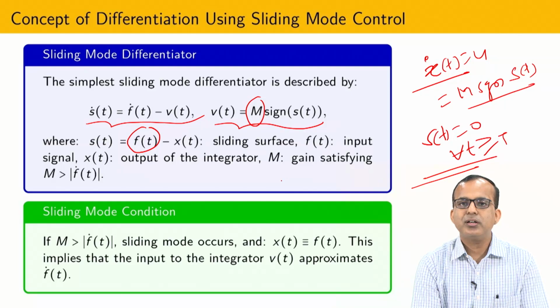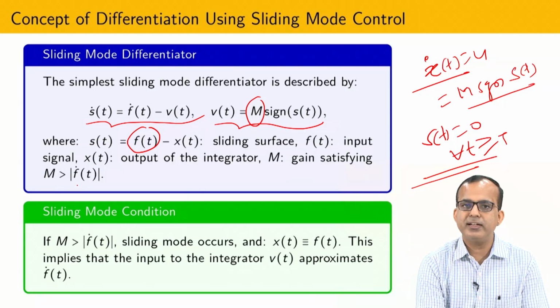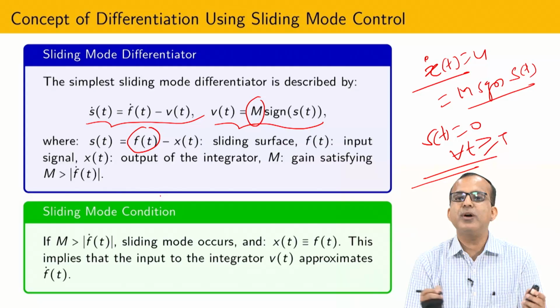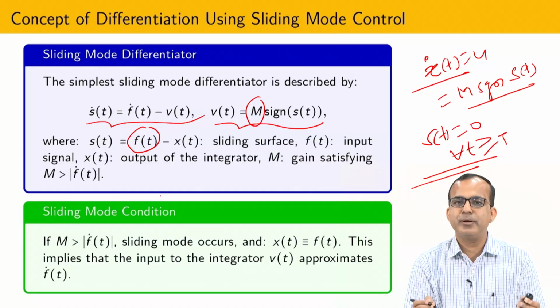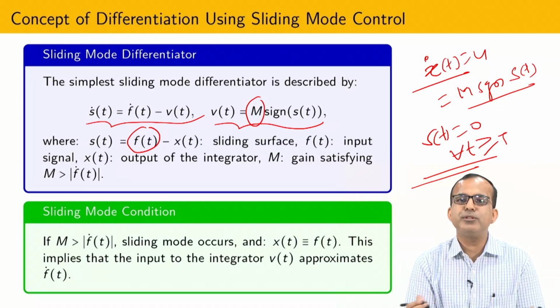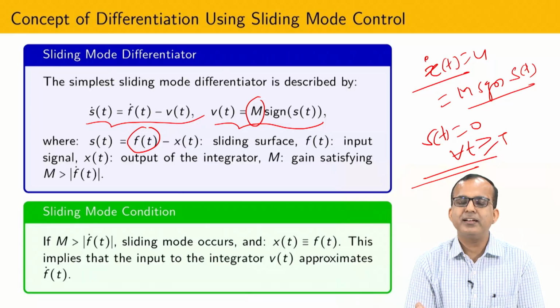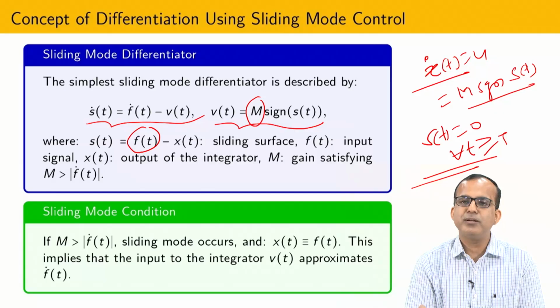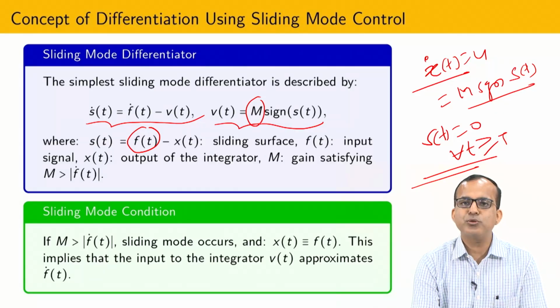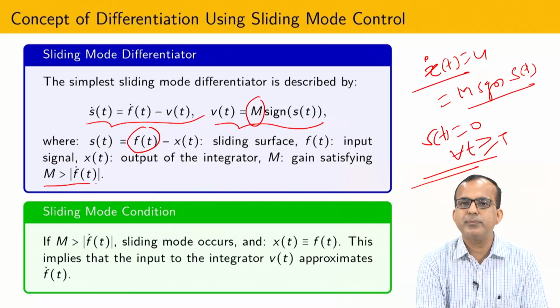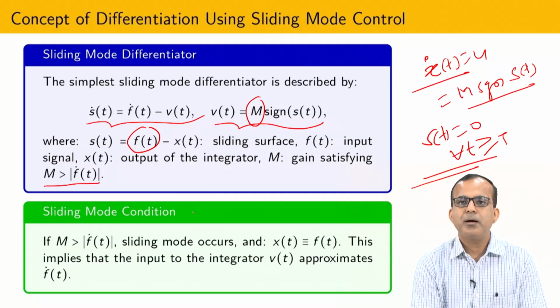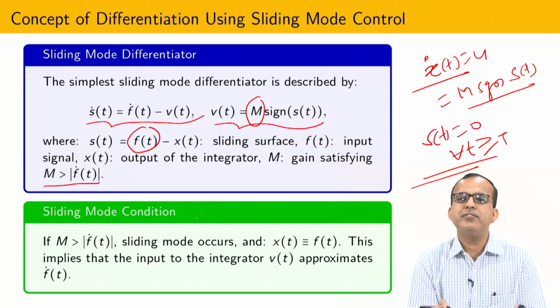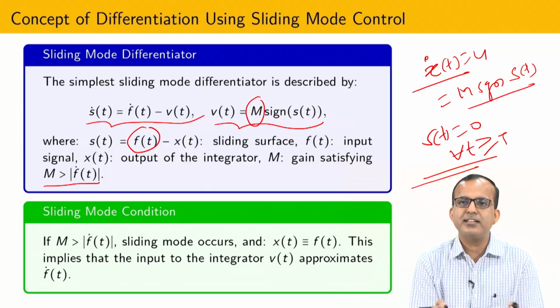Now the only condition is that the derivative of whatever signal you differentiate should be bounded. If the derivative is not bounded, you cannot apply sliding mode control, because for the occurrence of sliding mode, m should be greater than or equal to the derivative of the disturbance. You can select m very high also, because the differentiator system is running inside the computer.